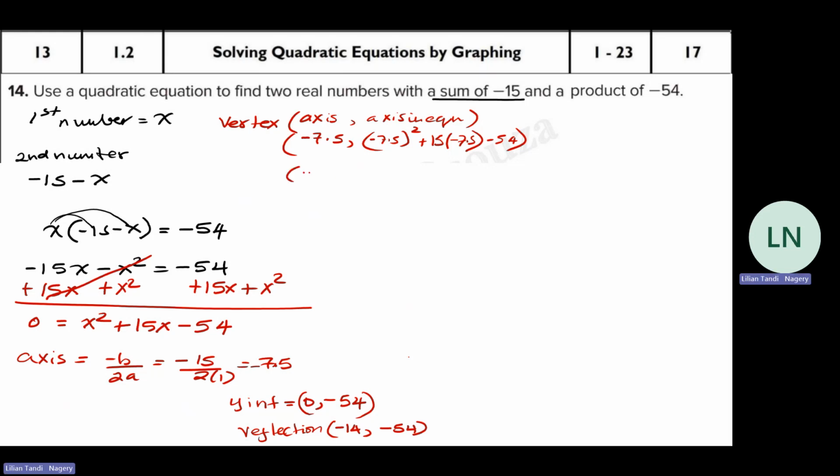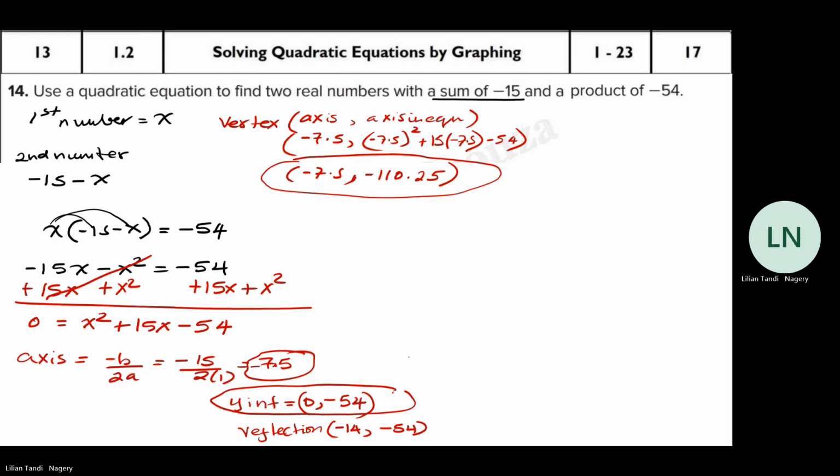So I'm going to have here negative 7.5, negative 110.25. Okay? So there is my vertex. Now, these numbers are important, so I'm going to circle them because I know I need to look for them in my graph. Okay?